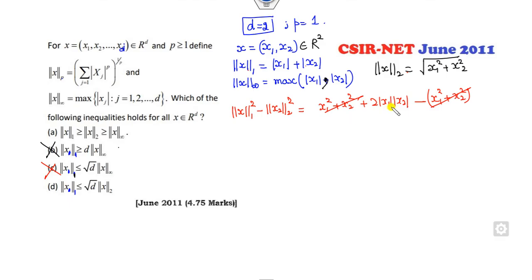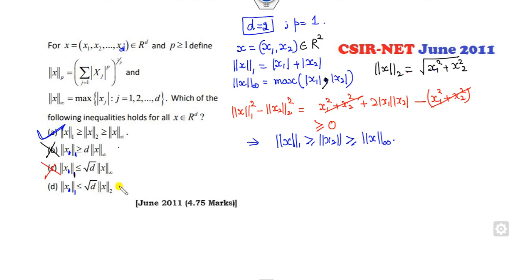So these values are cancelled, and because of this modulus, it is always greater than or equal to 0. What does it mean? Norm of x1 is always greater than norm of x2. First satisfied. Now since x2 is the root of this, and it's a maximum of this, it is always greater than this number. So this option is the correct option.